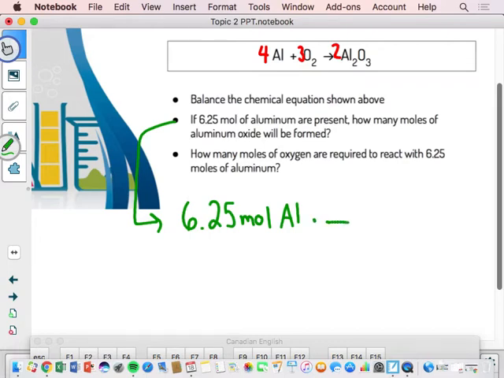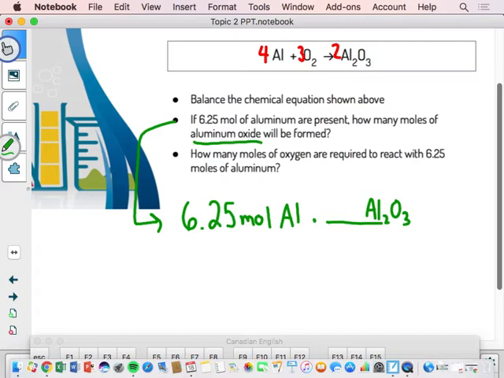To figure this out, we need to use our mole ratio. What goes on the top, what goes on the bottom? If you look back to the formula, it says what's wanted is on the top, and what we want, how many moles of aluminum oxide. So that's what we want is on the top, so Al2O3, that's aluminum oxide.